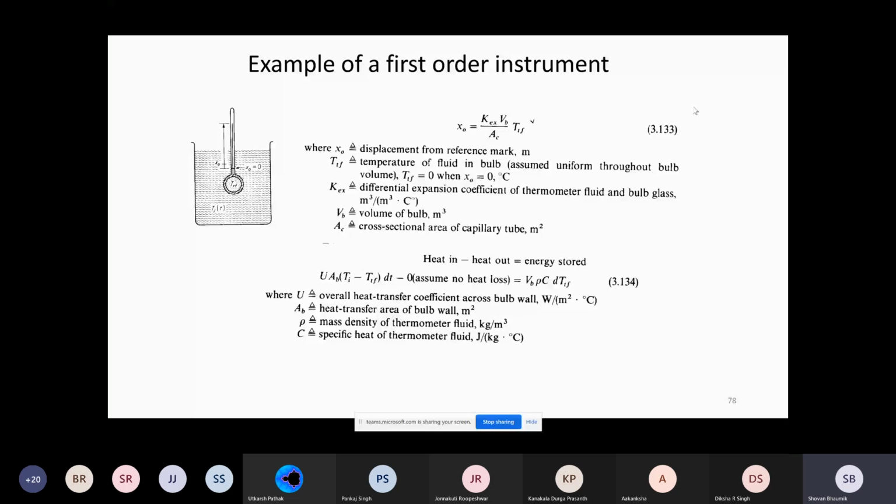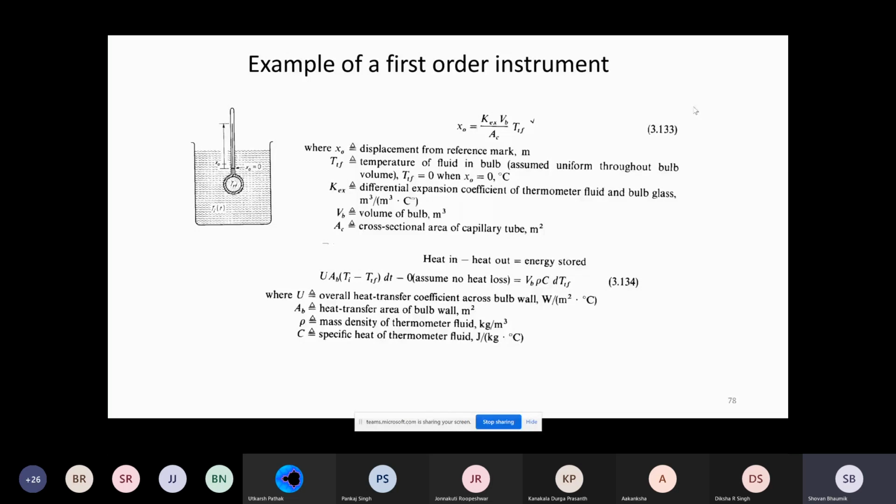Heat in, we say, is U AB (TI minus TTF). What is U? U is the overall heat transfer coefficient across the bulb wall, and AB is the heat transfer area of the bulb. So heat transfer coefficient multiplied by the area multiplied by the temperature difference, where TI is the input and TTF is the bulb temperature, will be equal to VB rho C dTTF/dt.